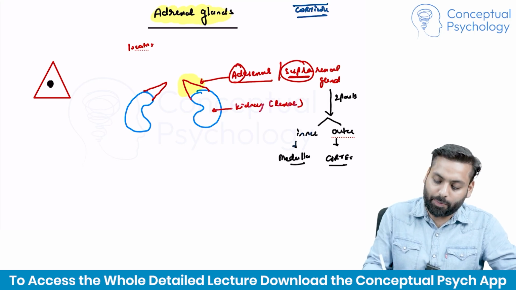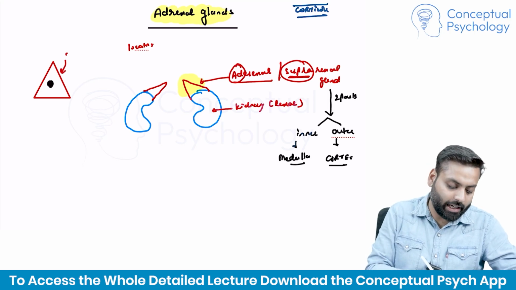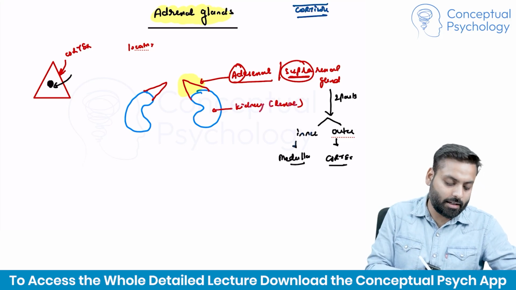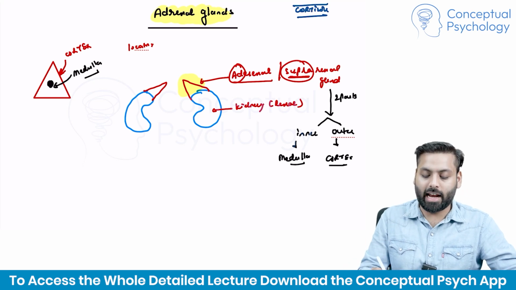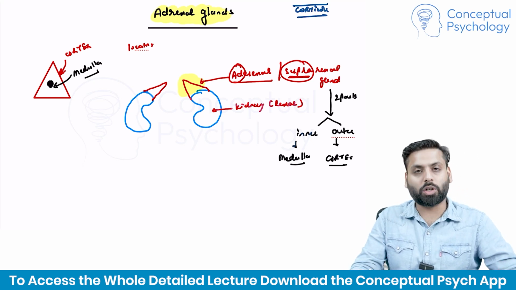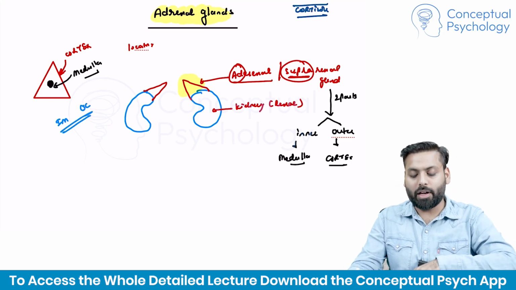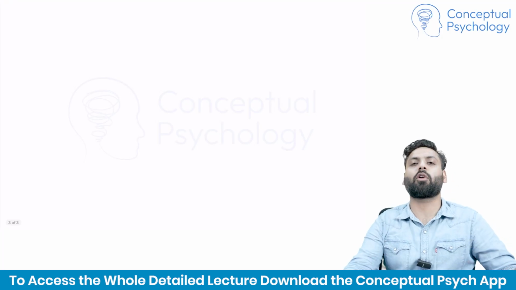The outer part of the gland is the cortex, and the inner part is the medulla. Outer cortex, inner medulla. Just remember this. Now we will see what hormones are released from where.